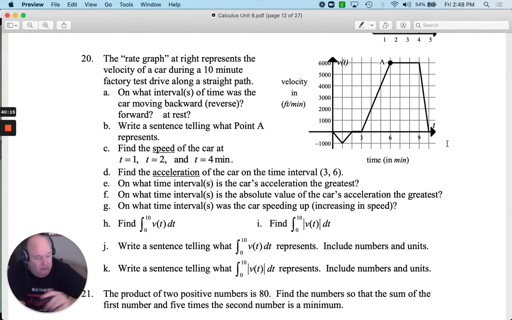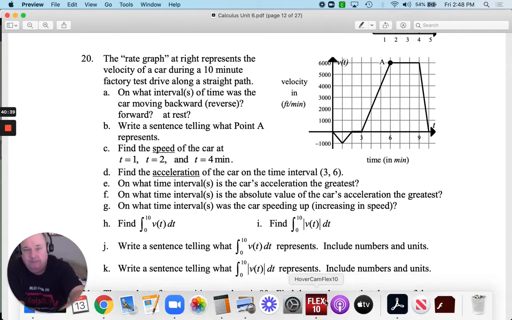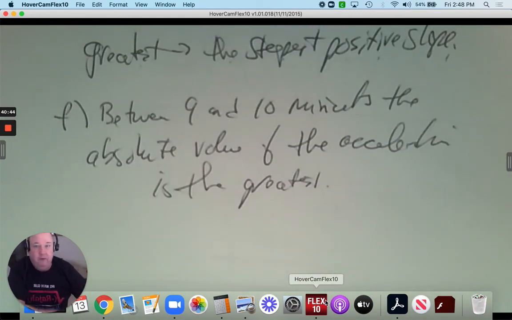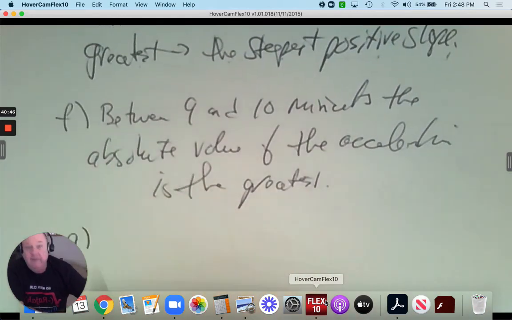So now between 9 and 10 minutes, because that's the steepest in whatever direction you're pointing. So between 9 and 10 minutes, the absolute value of the acceleration is the greatest.